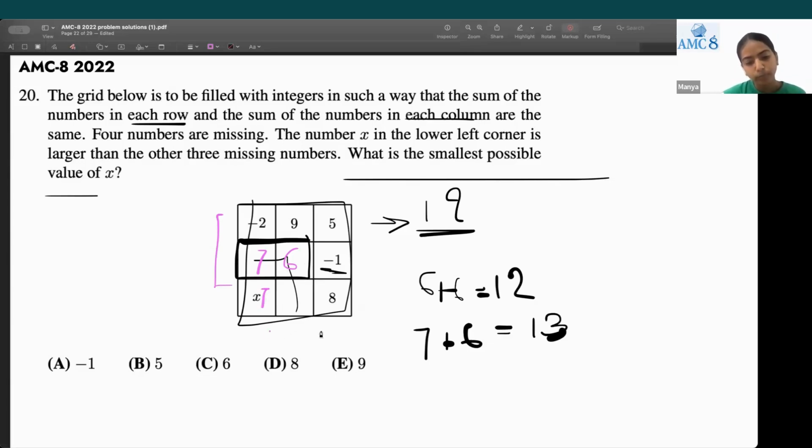Here we have 8 plus 7, which gives us 15, and 15 minus 3 gives us 12. And here we have 9 plus 6, which gives us 15, and 15 minus 3 gives us 12.